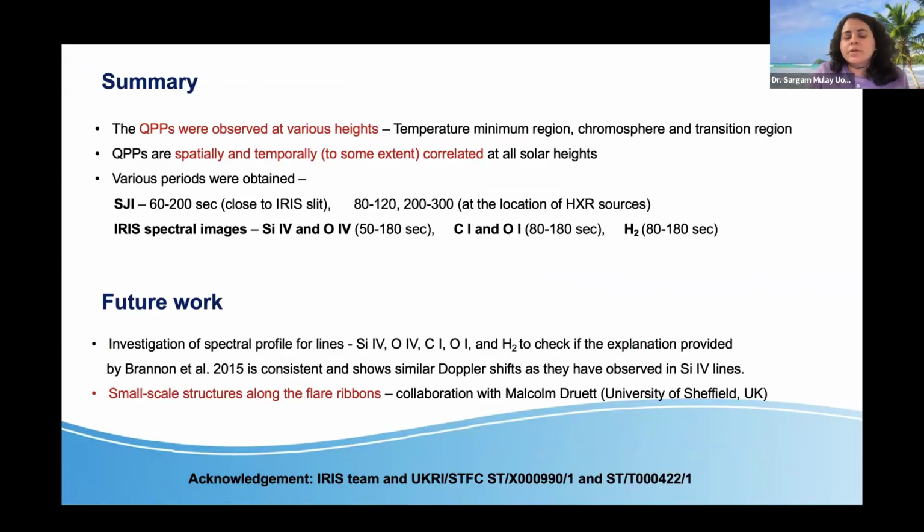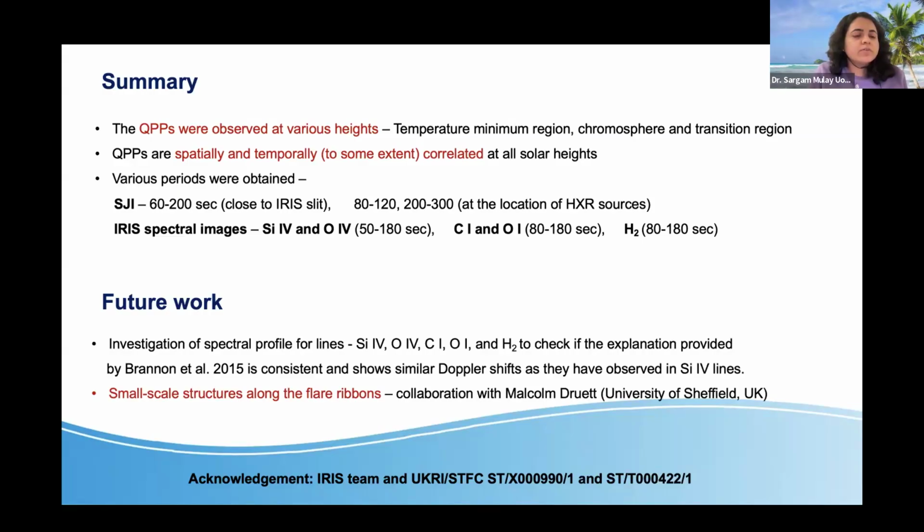We obtained periods in SlideShaw around 60 to 200 seconds, and there were other periods at the location of the hard X-ray sources as well, around 80 to 120 and 200 to 300 seconds. From IRIS spectral images, we have seen the periods were between 50 and 180 seconds, and in the chromosphere and temperature minimum region, the periods were very similar, between 80 and 180 seconds.